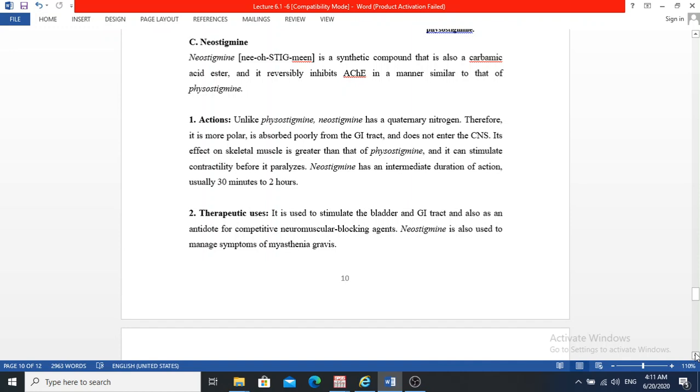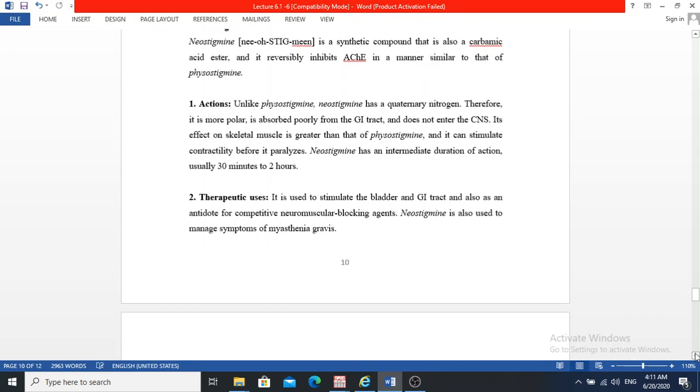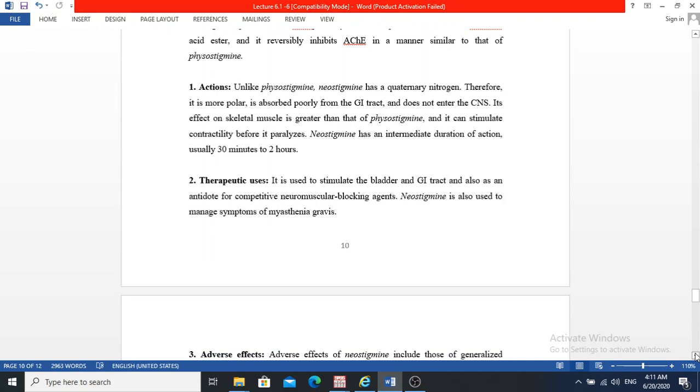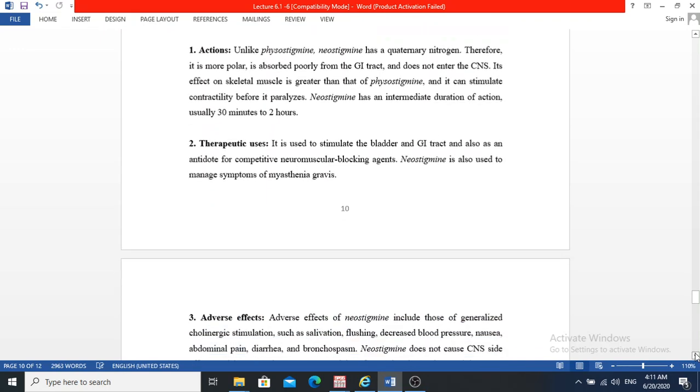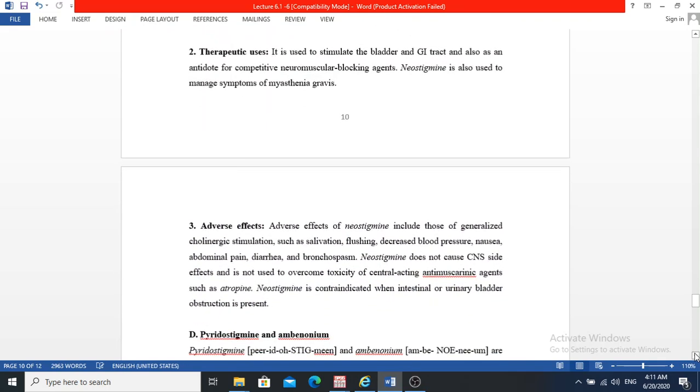Therapeutic effect: used to stimulate the bladder and GIT, and also as an antidote for competitive neuromuscular blocking agents. Neostigmine is also used to manage symptoms of myasthenia gravis.